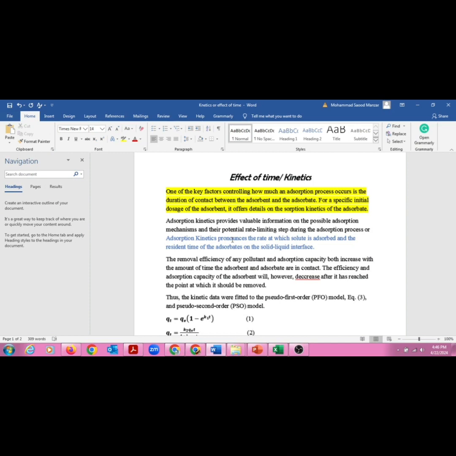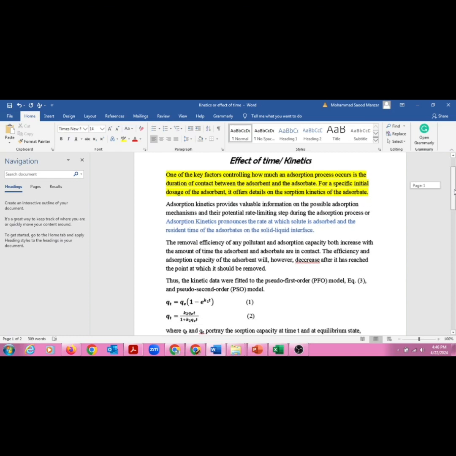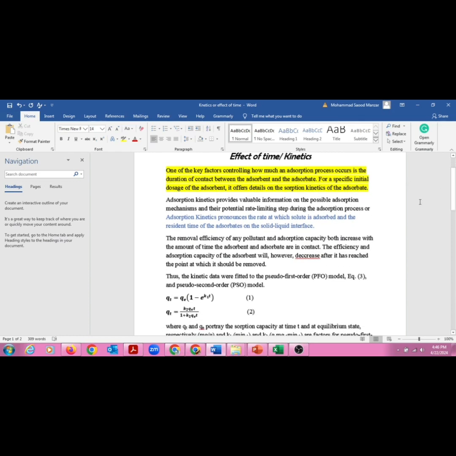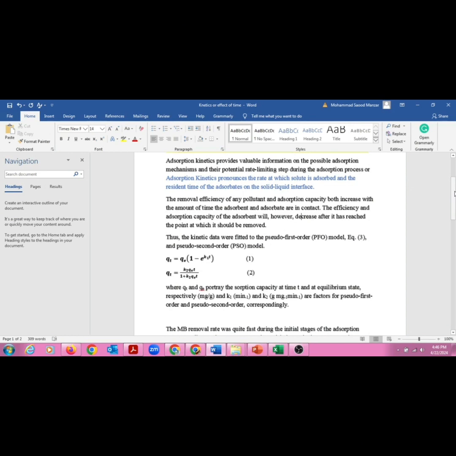The removal efficiency of any pollutant and the adsorption capacity will increase with the amount of time, and the efficiency and adsorption capacity will however diminish after reaching a point, that is, the equilibrium time. The kinetic data were fitted, so we applied the linear models.